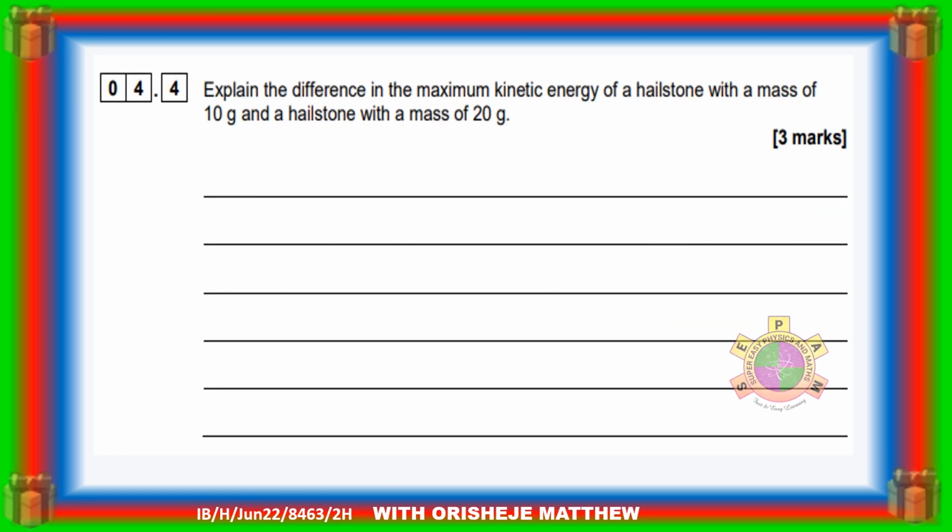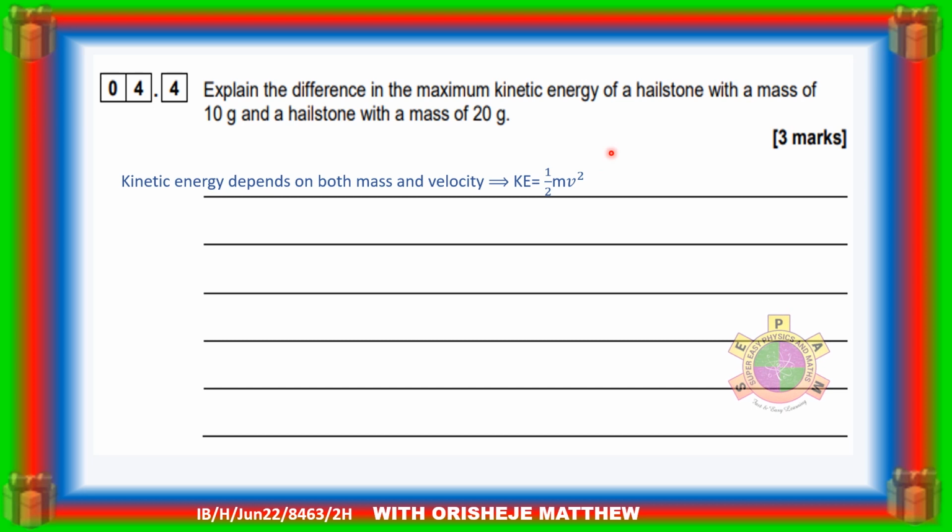Now, explain the difference in the maximum kinetic energy of a hailstone with a mass of 10 grams and one with a mass of 20 grams. So you have 3 marks. The first thing, you know that the kinetic energy depends on both mass and velocity. So KE is equal to half mv squared.